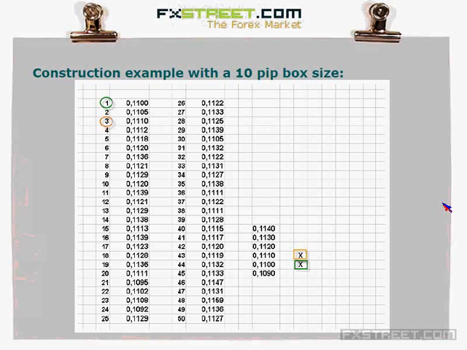we see that it increases in an amount of 10 pips by the third price. That means the price is on an upward move. That says that we start our construction with an X, and we put that X corresponding to the 1100 price.